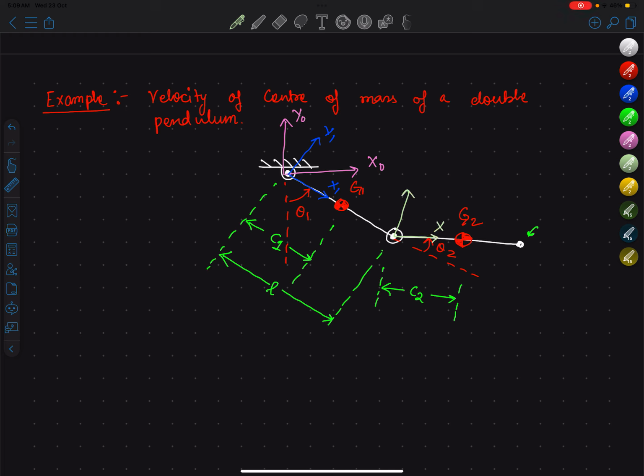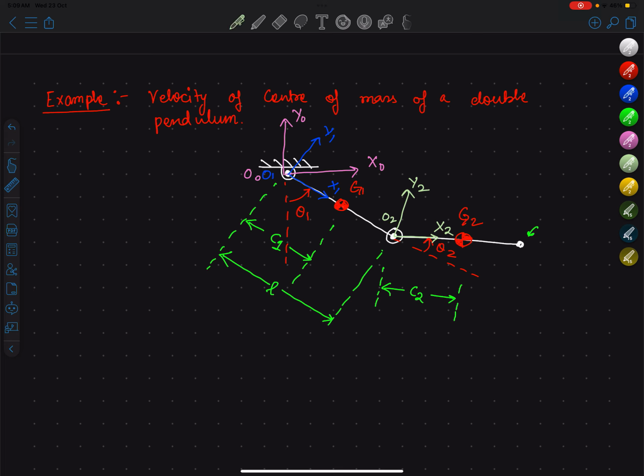This is x2, y2. This is attached to the second link. All right. So we can also write that O0 and O1 are coinciding, and O2 is in the other place.